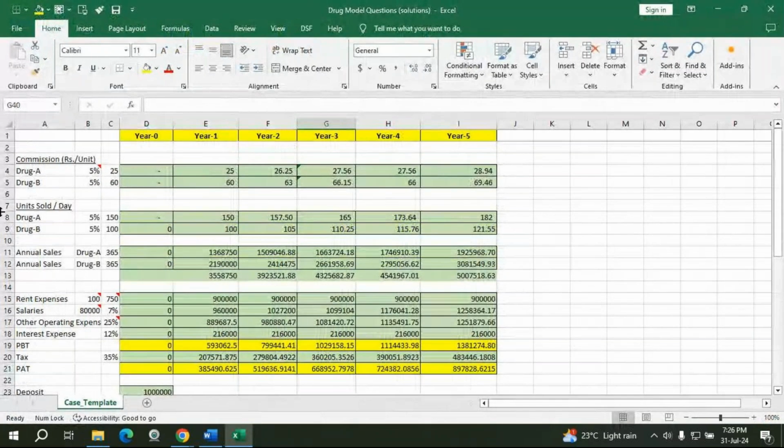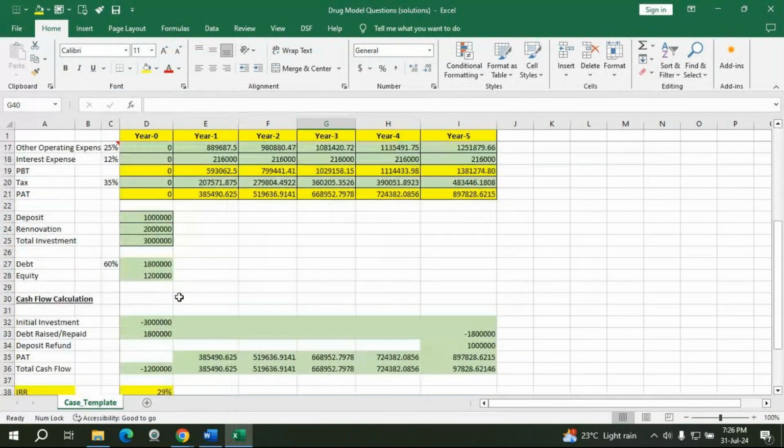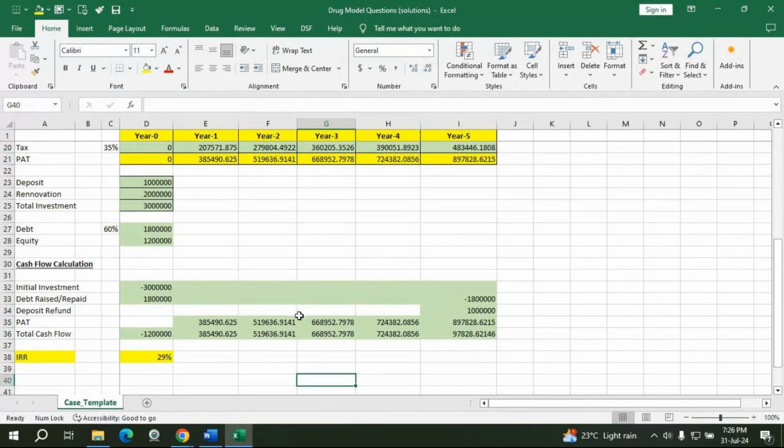So here I have taken the value as 25. Okay, so here we had taken it as 26. So what are you asking? Debt amount. And the last step where we do the cash flow calculation, I'm confused in considering debt raised or repaid and deposit refund.